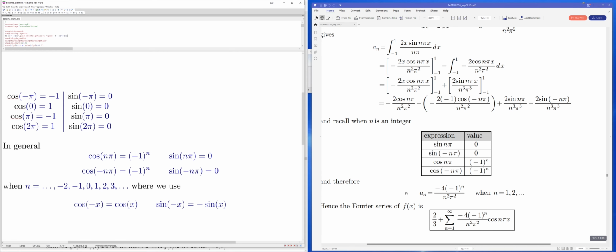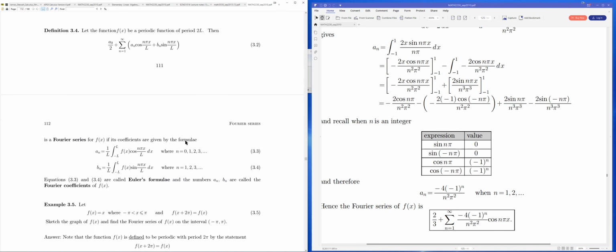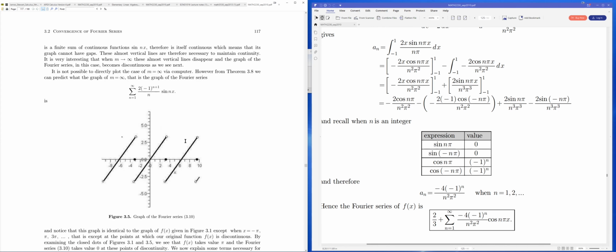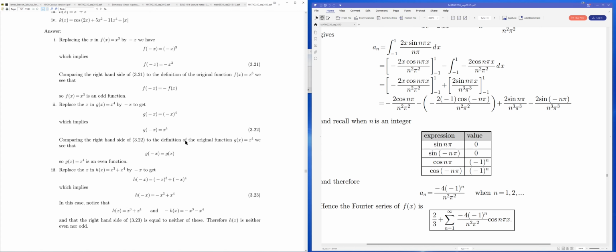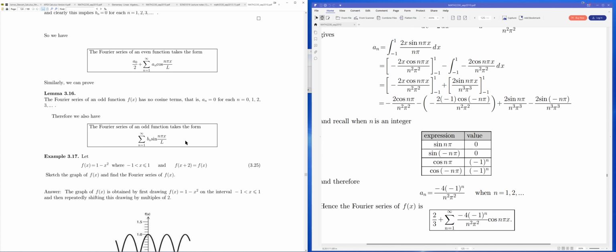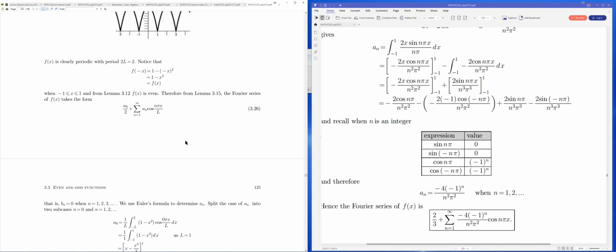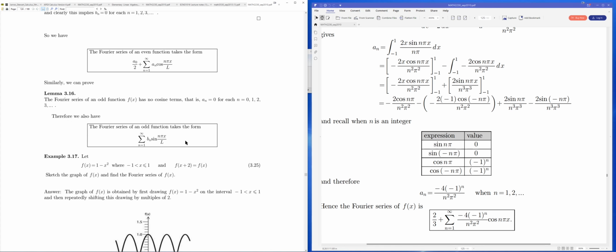Okay, so my Fourier series for my even function is going to take this form.